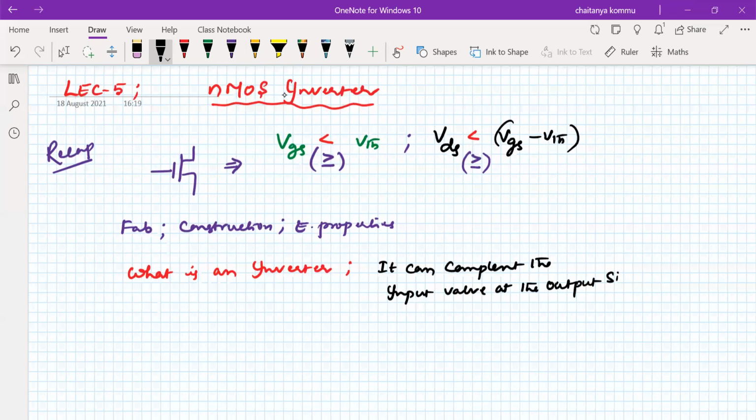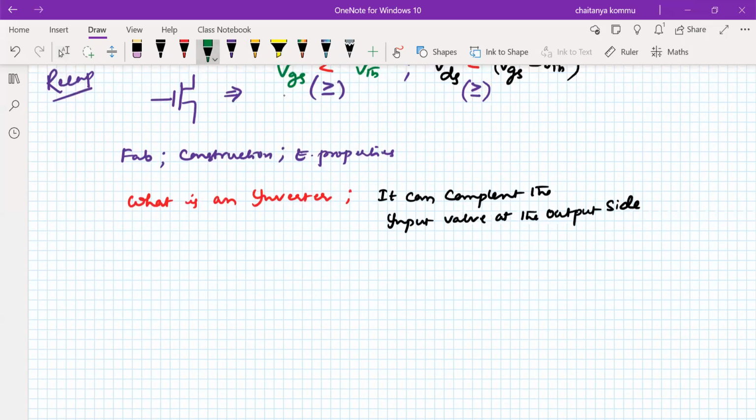Whatever input you apply here, for example A, it will be complemented at the output side. As simple as that. The question is how we realize the inside of the circuit. What is there inside the circuit? We normally use transistors.